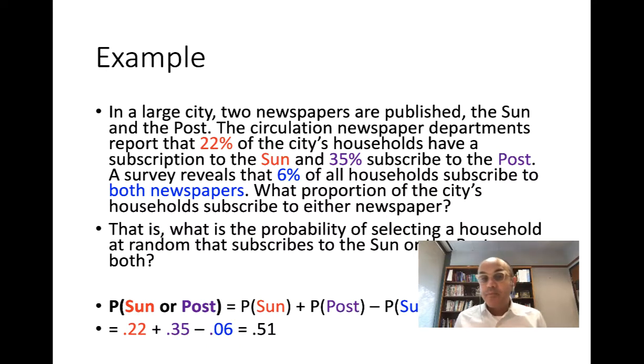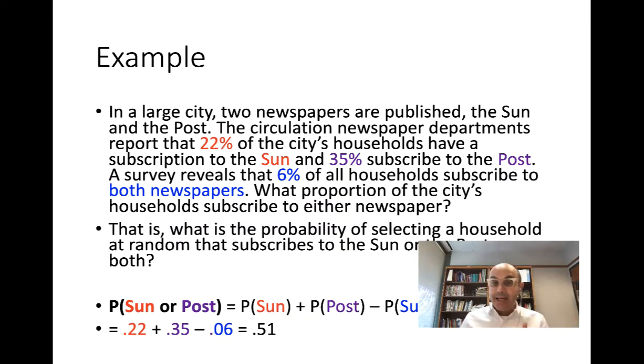So, for example, in a large city like Tampa, two newspapers are published, the Sun and the Post, and we know the circulation of the two newspapers. One is 22% and the other one is 35%. A survey revealed that 6% of the households subscribe to both newspapers. So what proportion of the city households subscribe to either newspaper?